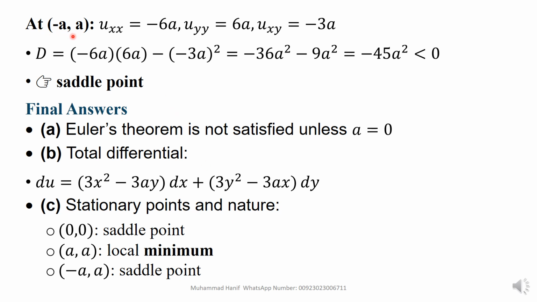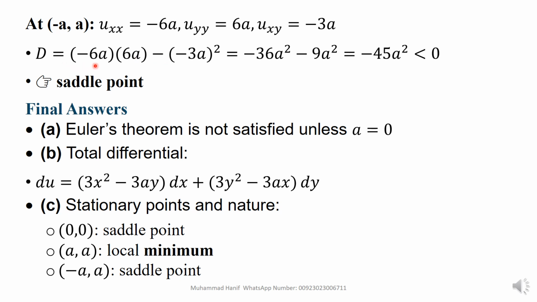At minus a comma a, uxx means second derivative with respect to x, minus 6a. uyy means two times derivative with respect to y, and uxy means first derivative with respect to x and second derivative with respect to y, equal to minus 3a.